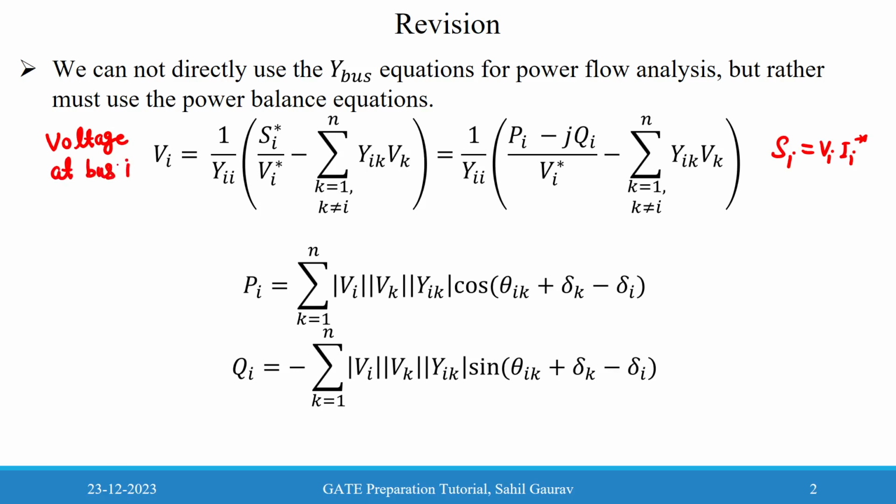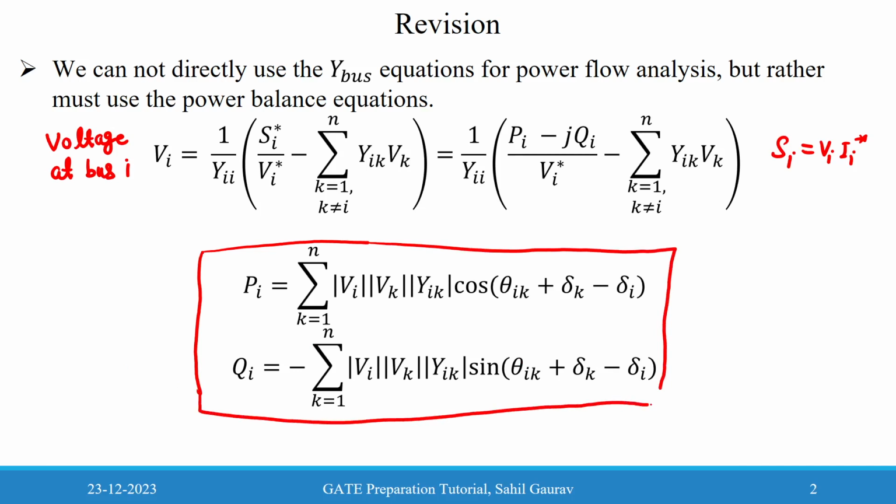Now after finding the voltage at different buses, you want to calculate the active and reactive power injection at different buses. So you can apply the equations below. These equations are also called power flow equations, P_i and Q_i, and they are very important in load flow analysis.